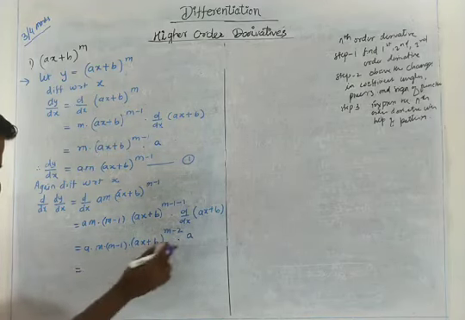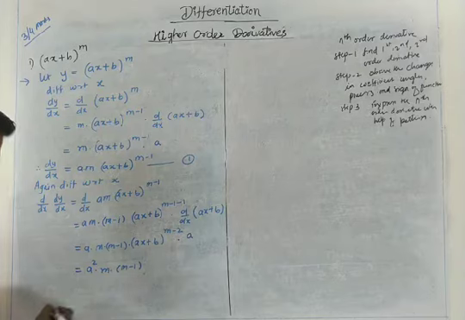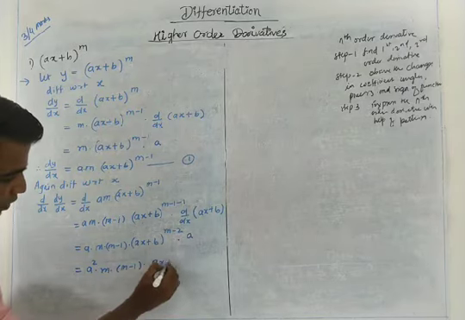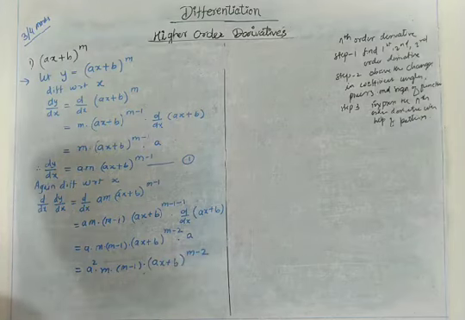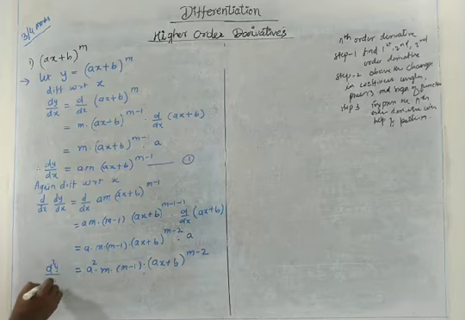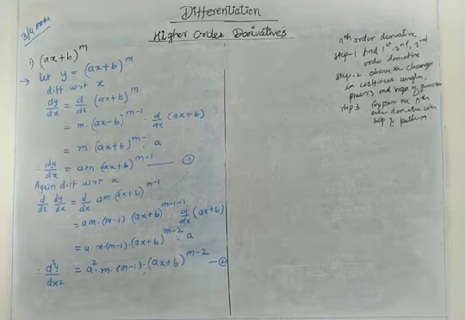So a into a, finally we will get a square m into m minus 1 into (ax + b) raised to m minus 2. This is the value of d square y upon dx square, equation number 2. So second order derivative finished. So again differentiate to find the third order.